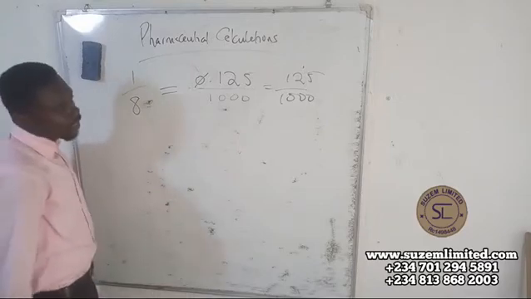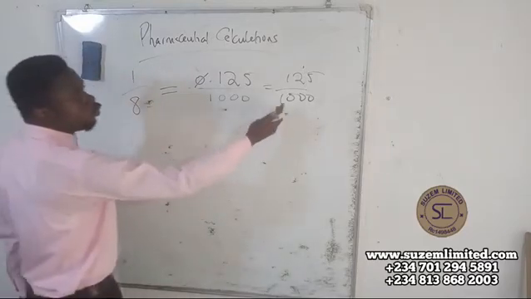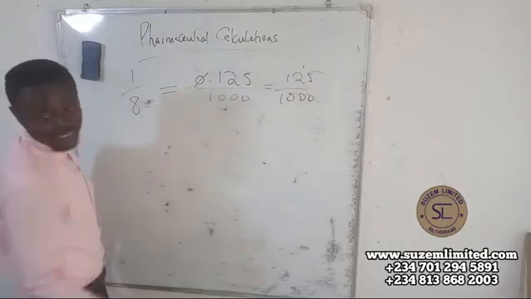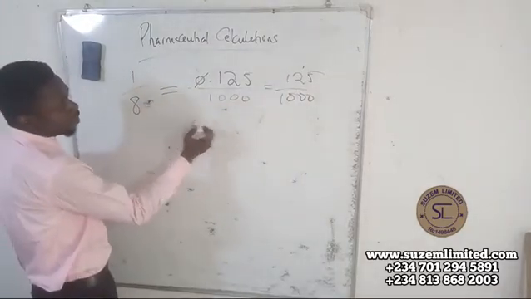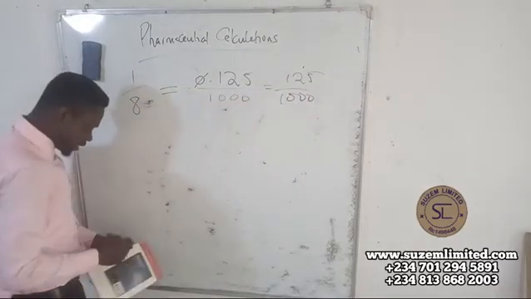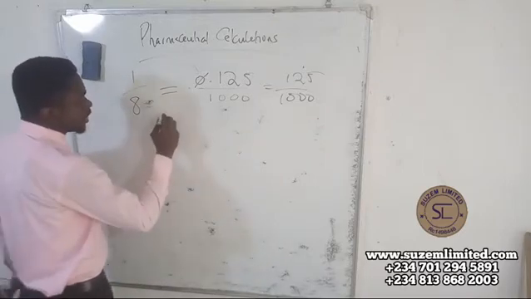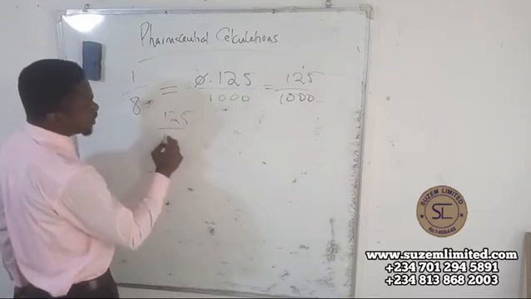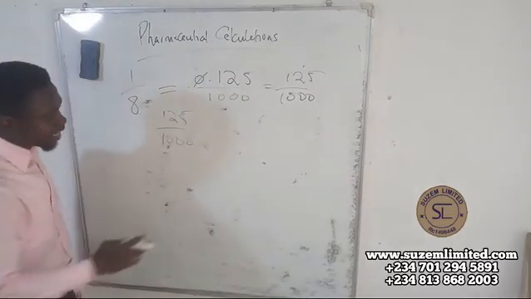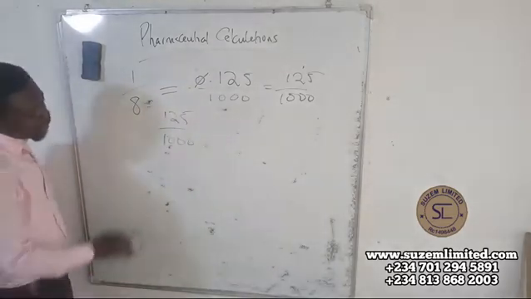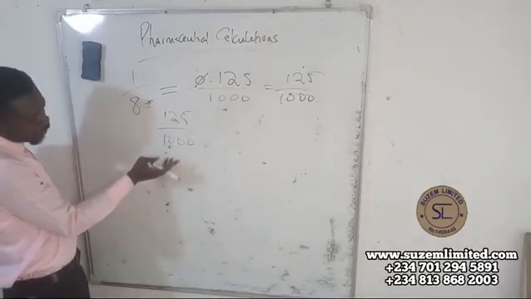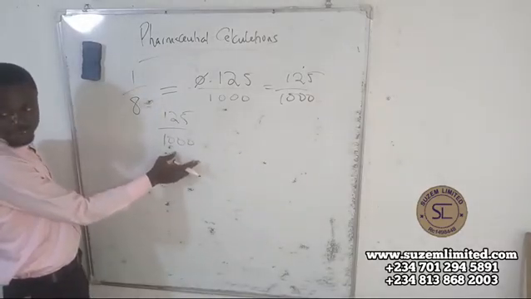Now let's continue. We can simply divide by just saying 125 over 1000. Let's break it down straight without wasting time. Let's check 250. How many 250s can we find in 1000? 4.